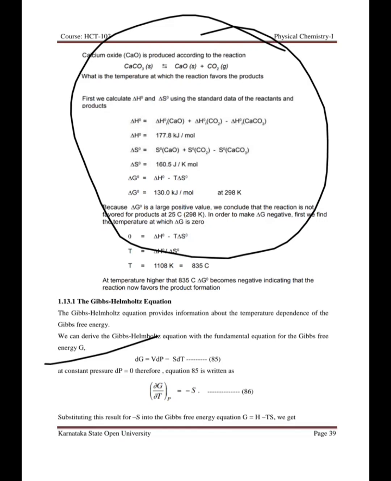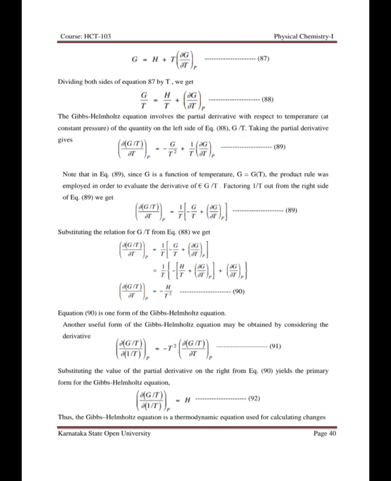So dG is equal to VdP minus SdT, where the pressure is constant, so dP is 0. Further, equation 86 can be written. In the Gibbs free energy, G is equal to H minus TS, so further it can be written as equation 87.